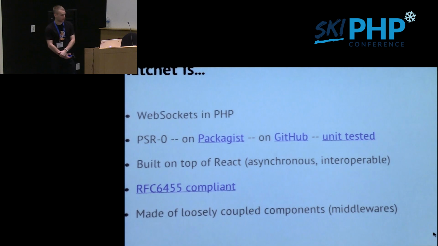Again, it's built on top of React, and it is RFC 6455 compliant, as well as HyBi 76 compliant, which is an older version of the WebSocket protocol. So it is supported on a large number of devices. And it is architected, made of loosely coupled components, also known as maybe middlewares.